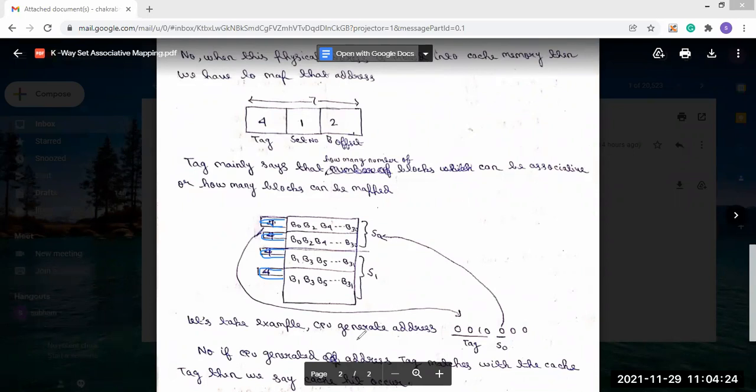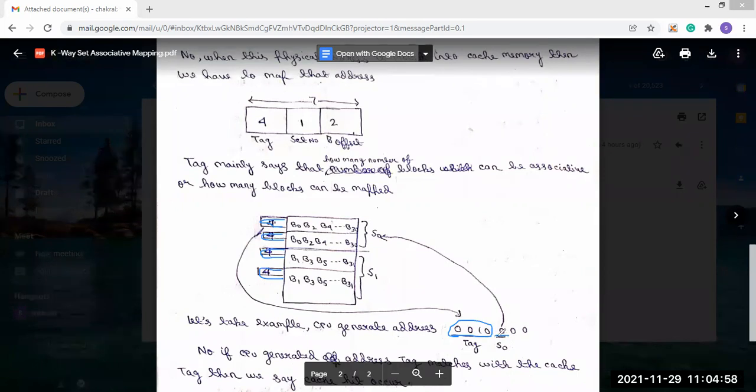Now let's say the CPU generates an address, let's say 0010,000. Now the first 4 bits, we know, are used for the tag. This 0010 is used for the tag. After that, the next bit, the 5th bit, specifies the set number.